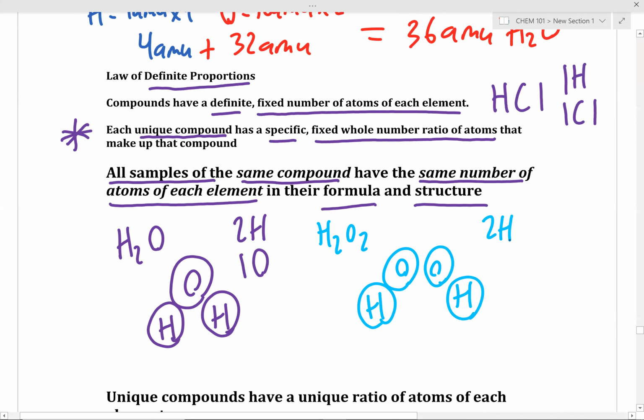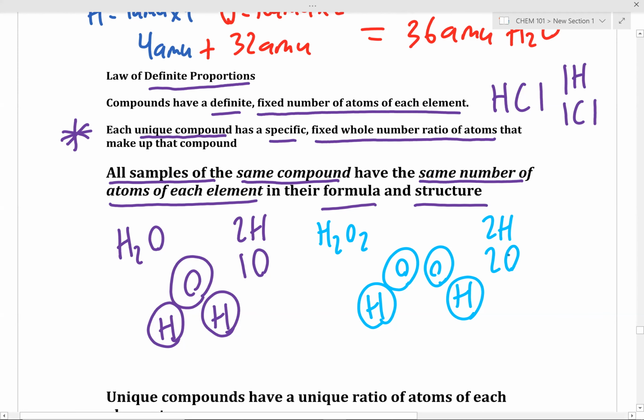And how many oxygens do we have? 2. So then, because we have different numbers of atoms of each element, are these different compounds? Yes, right? By definition, if the number of atoms of each element are different, they will be different compounds.